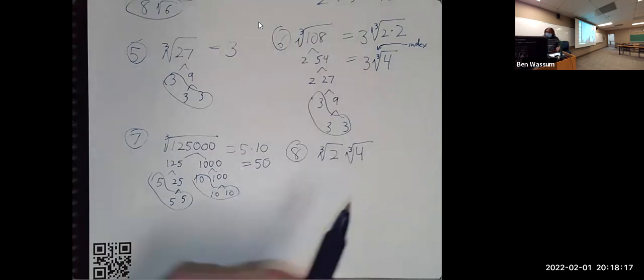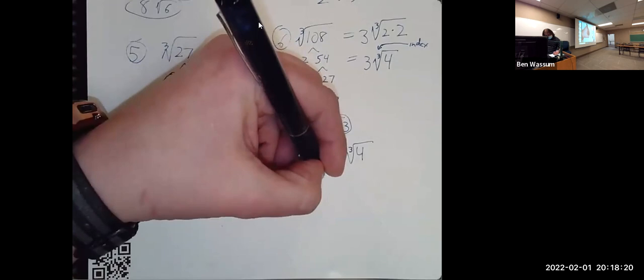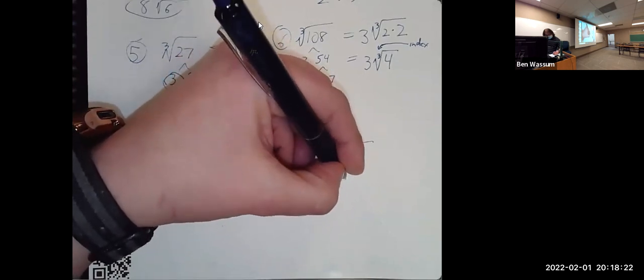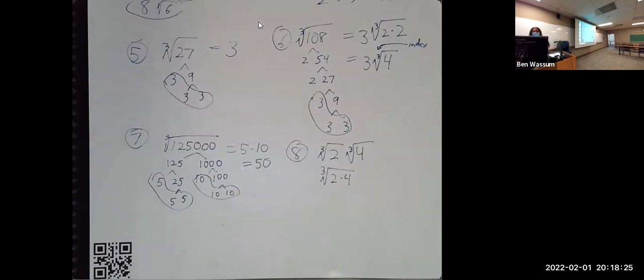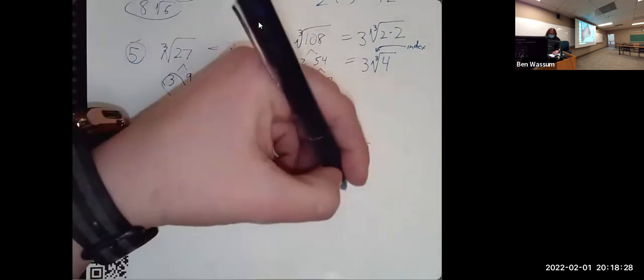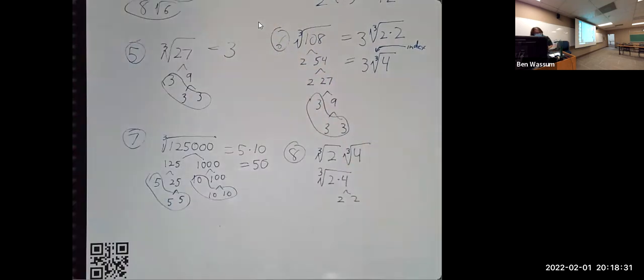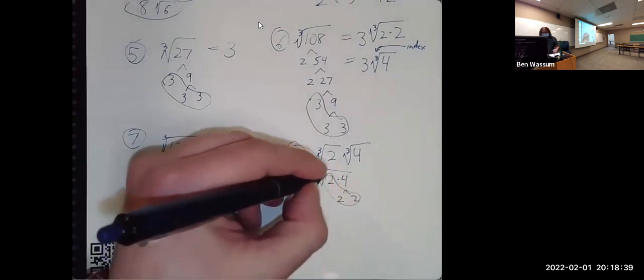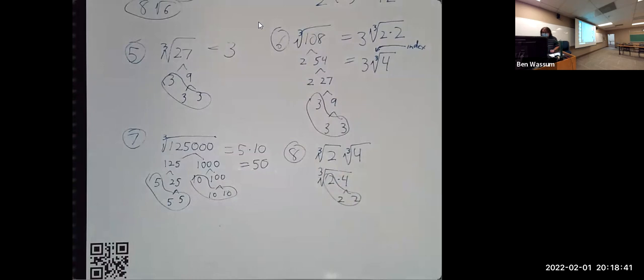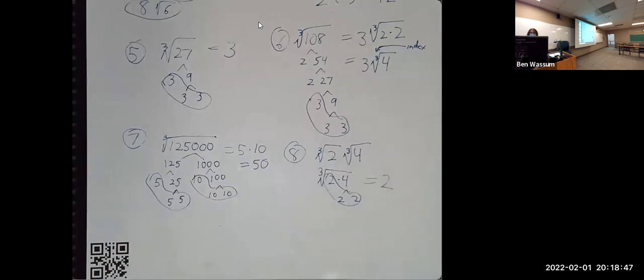What happens when I have 2 cube roots multiplied together? I can have the cube root of those guys multiplied together, which I can already tell that 4 is going to break down into a 2 times a 2. So cube root of a bunch of 2s. Just 2. Cube root of 8 is 2. It's the same problem as on our first example. We've come full circle. Woo!